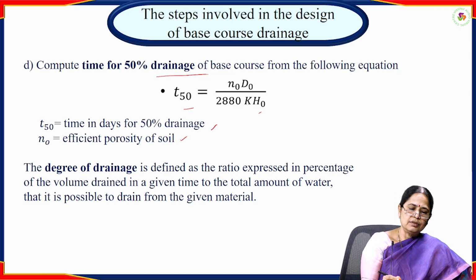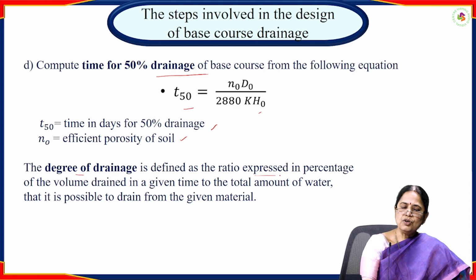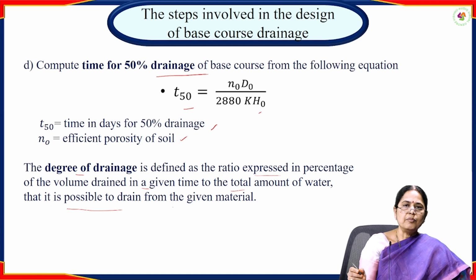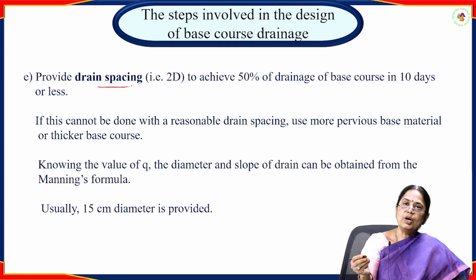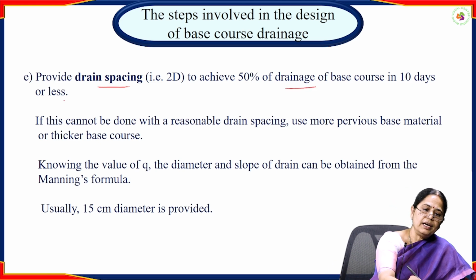The degree of drainage is defined as the ratio of the percentage of volume of water drained by a given time to the total amount of water that is possible for the given material. So, provide drain spacing 2D to achieve 50% drainage of the base course in 10 days or less.